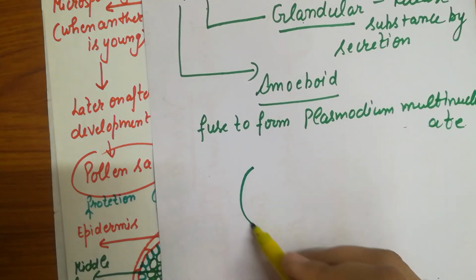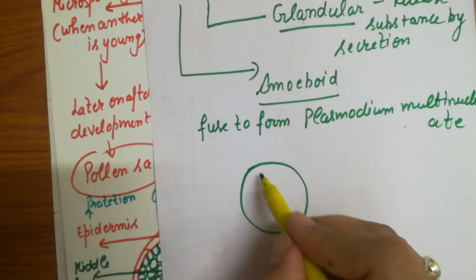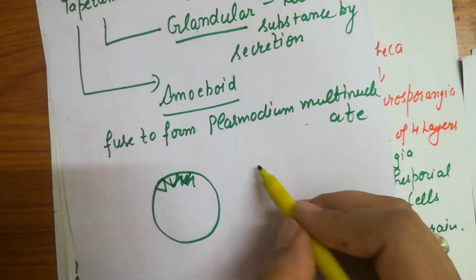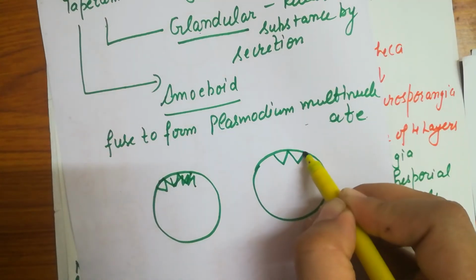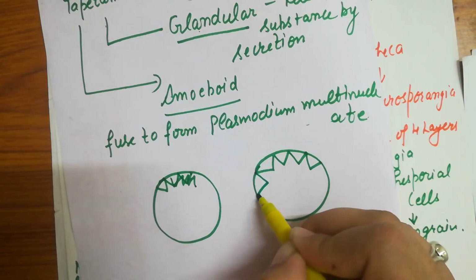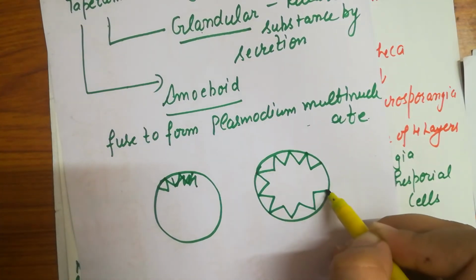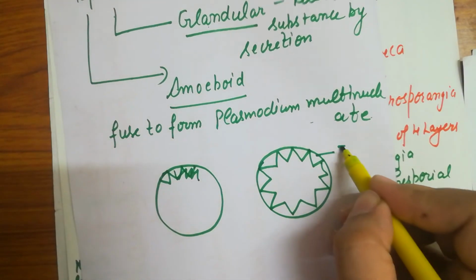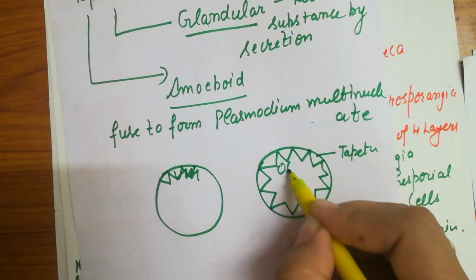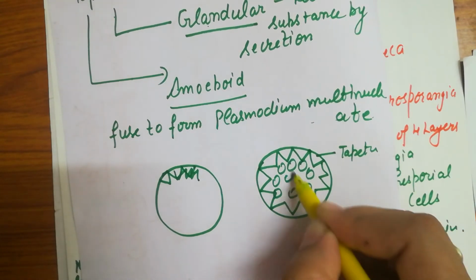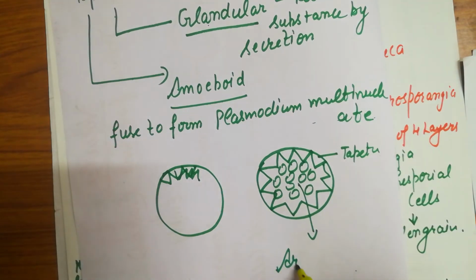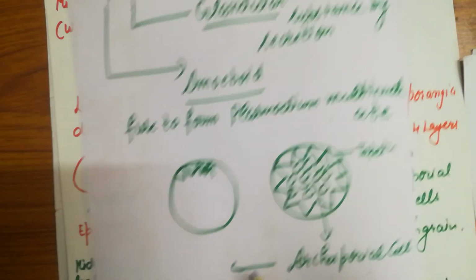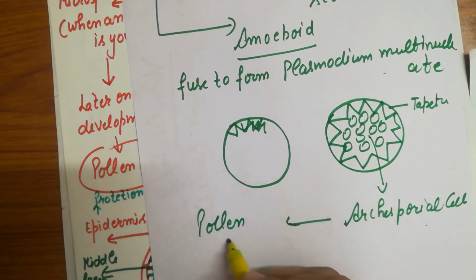Lastly, for revision, remember what the tapetum is. I will draw it again: these triangular-shaped structures form the innermost layer of the microsporangia, called tapetum, and inside it are compactly arranged cells known as archisporial cells, which give rise to the pollen grain through microsporogenesis, which we are going to discuss in detail in the next video.